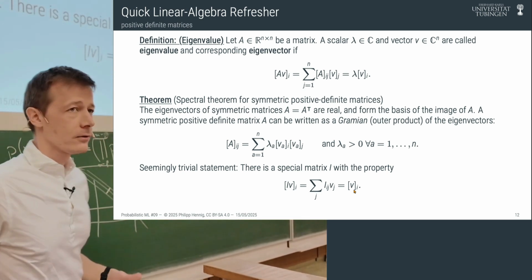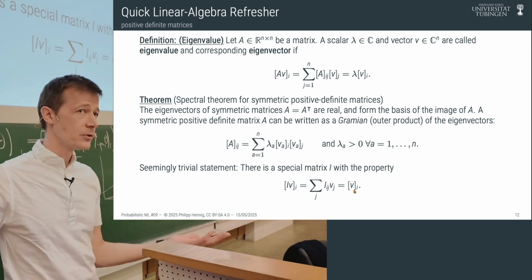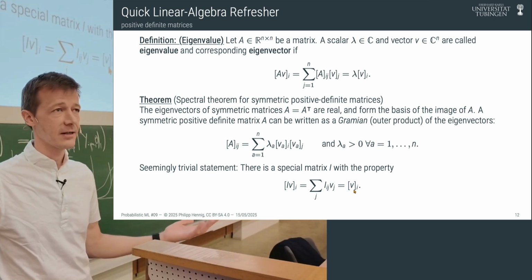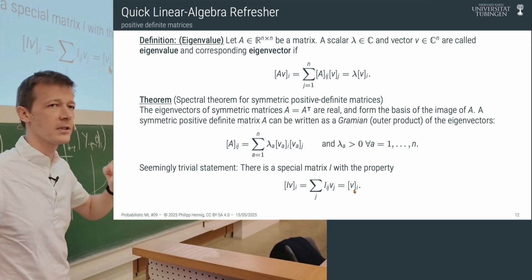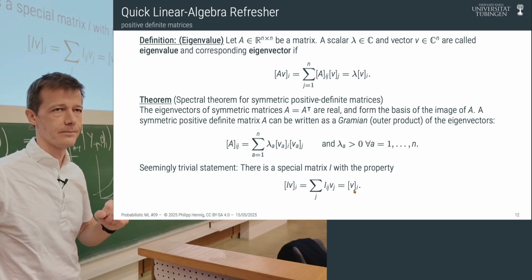Now it turns out, and here I just have to tell you that that's the fact, because this is not a functional analysis class, that there's a corresponding concept for kernels.